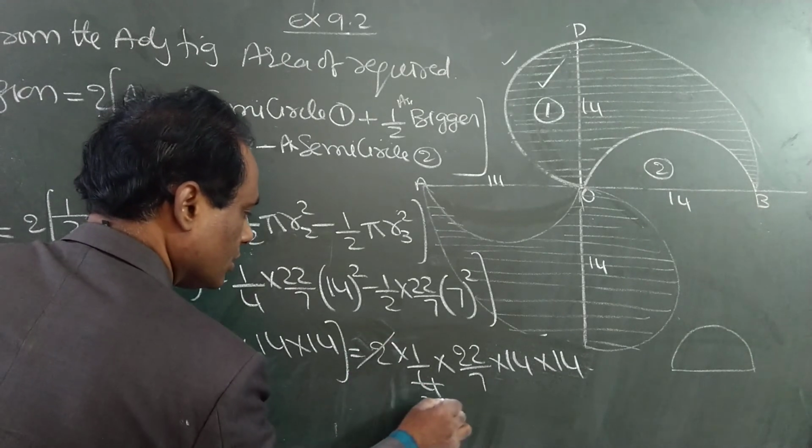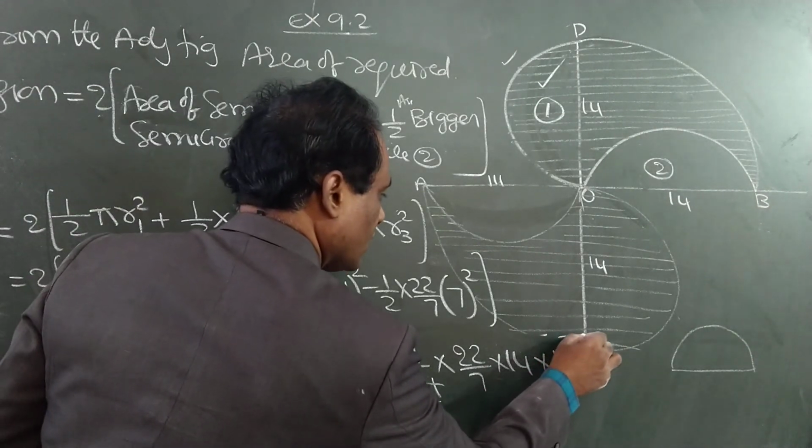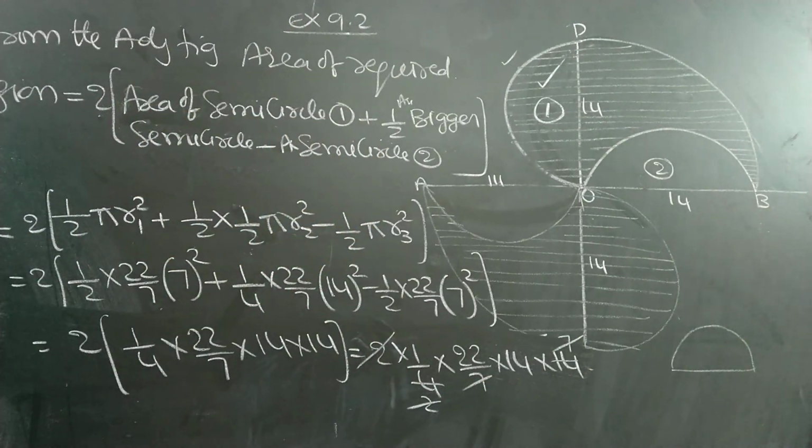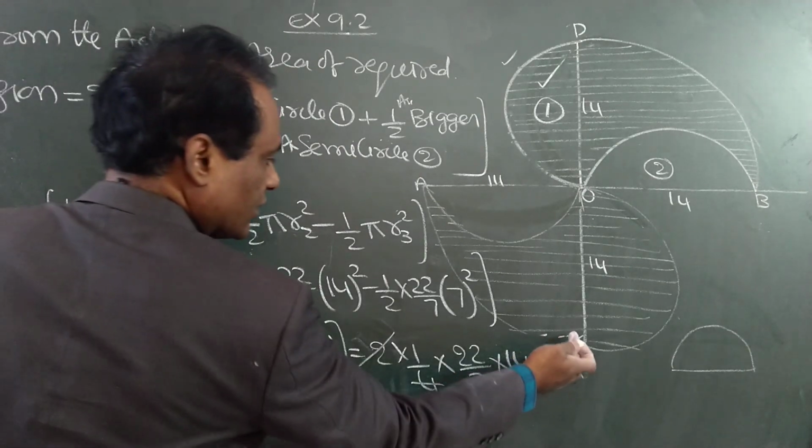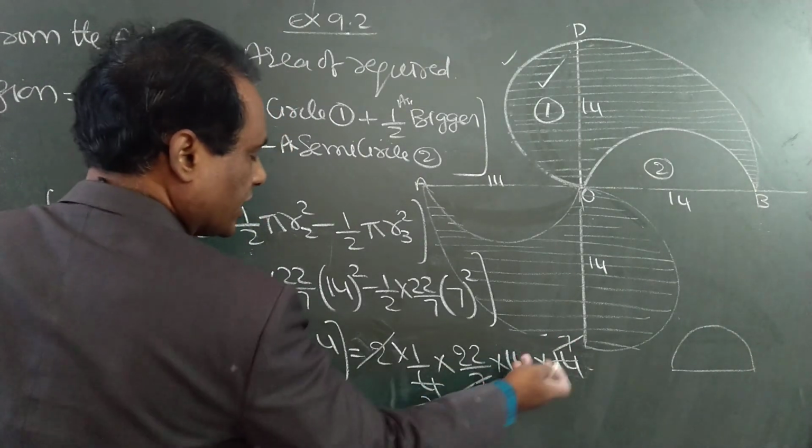Two 2s are 4, 2 7s are 14, 7 and 7 cancel. 22 into 14.